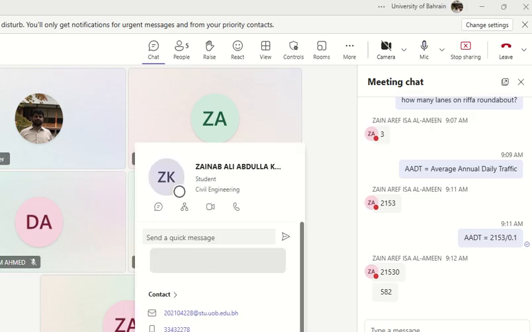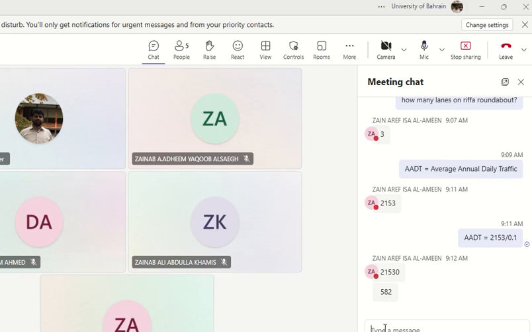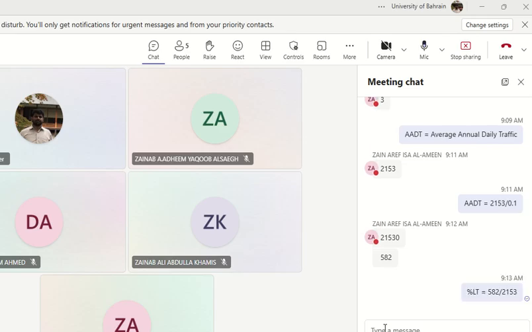Okay, so now the percentage, because this is hourly, I will calculate the percentage from hourly as well. So percentage left turning will be 582 divided by 2153. Hourly to hourly. How much is that?